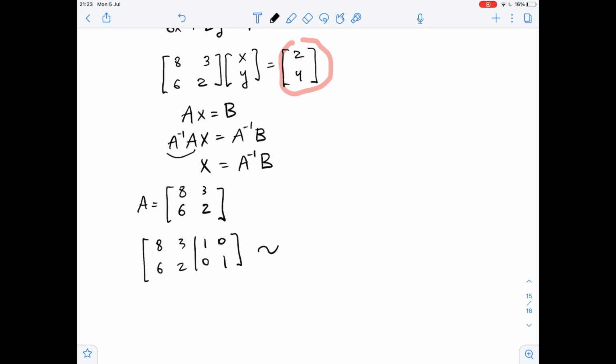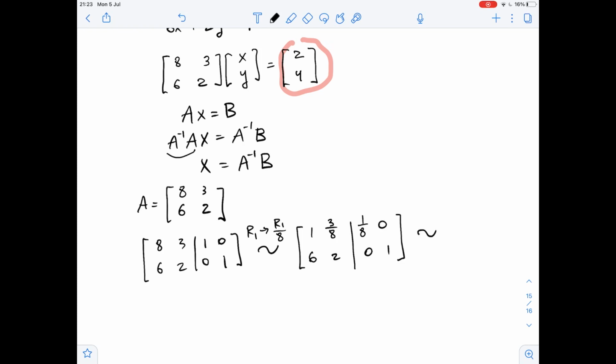Our first step is to divide the first row by 8. So instead of row 1, we get row 1 over 8. Our matrix becomes [1, 3/8 | 1/8, 0], and the second row stays the same.